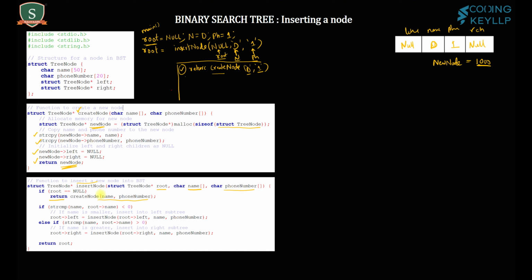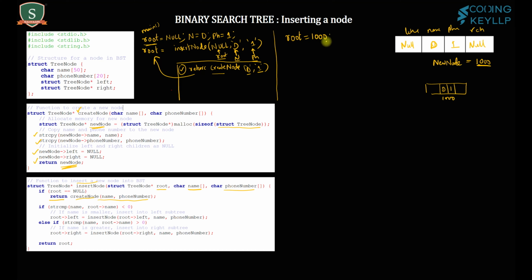Whatever the create node is returning, we are returning that value to here. That means the updated root value is equal to 1000. So the node that we just created that has the values D and 1 with null is the root node.